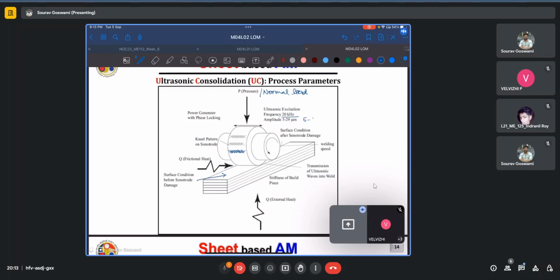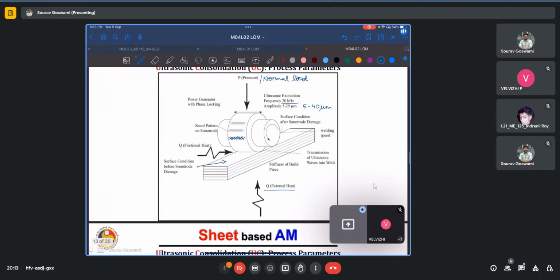Amplitude can be 5 to 40 micrometers. And because of both the frictional heating as well as the heated build plate or external heat, the joining occurs. The stiffness of the build piece is an important factor which determines how much load we can apply as well as the amplitude of transverse vibration that can be applied.